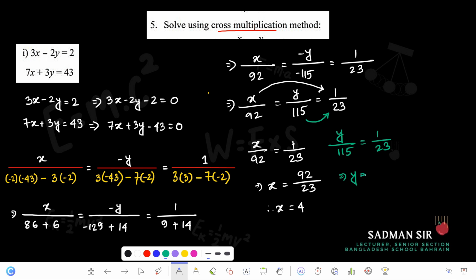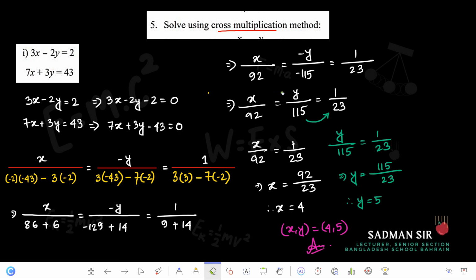Again do the cross multiplication. 115 will be multiplied with 1, so 115 divided by 23, and y will have a value of 5. So there goes our answer, x comma y equal to 4 comma 5. So this arrow we will not put in the answer script.